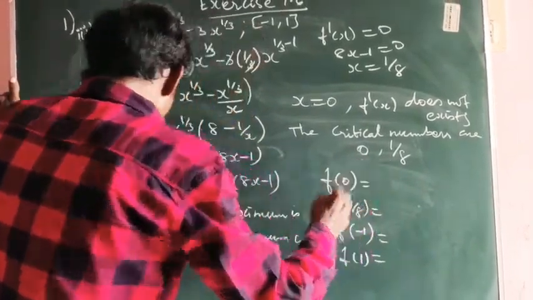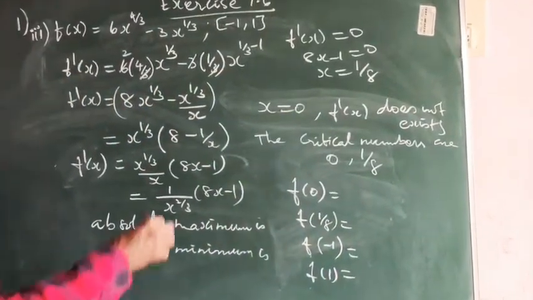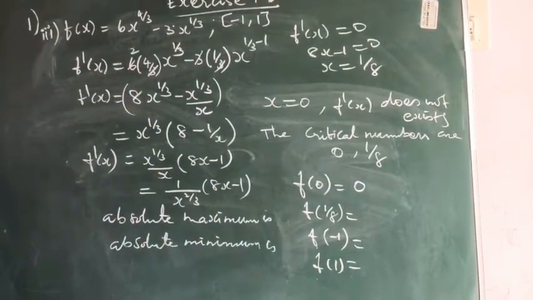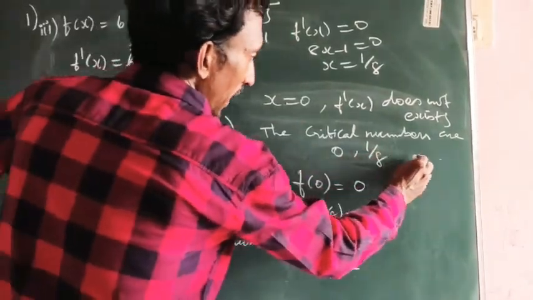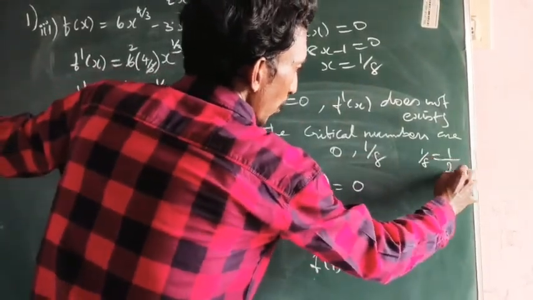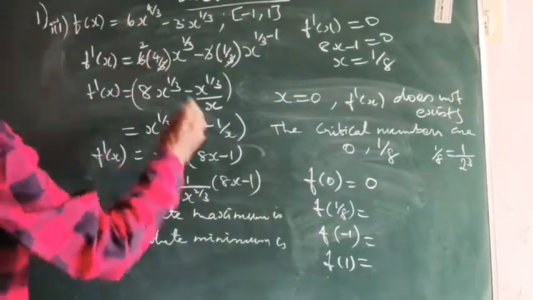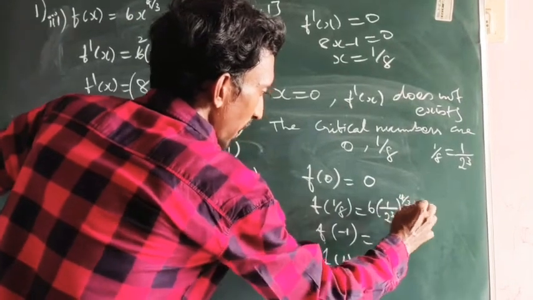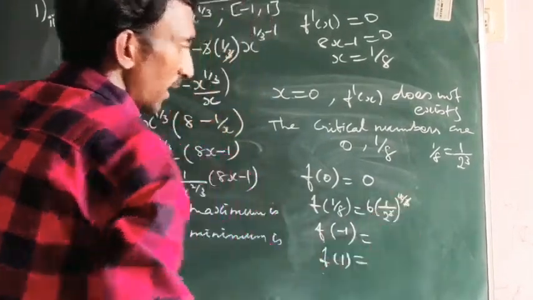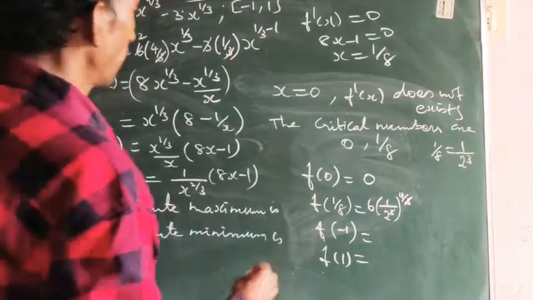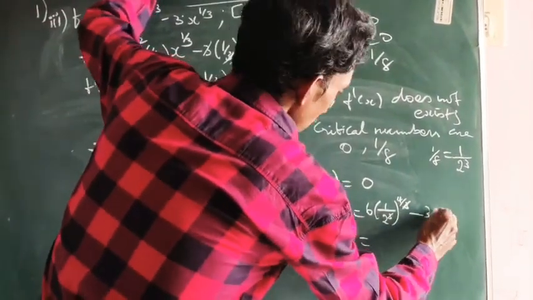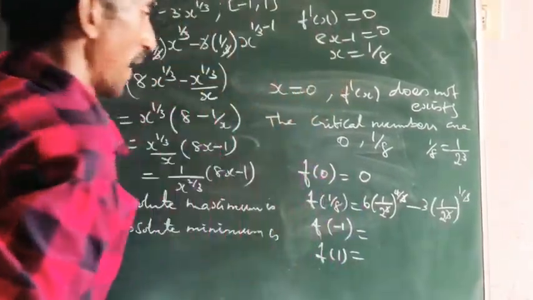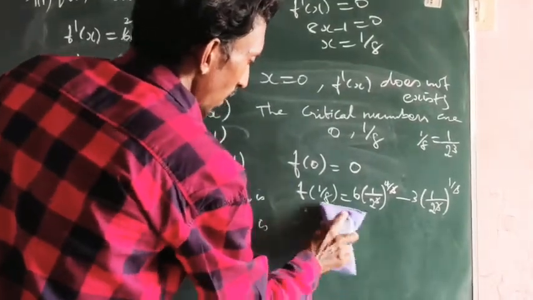If we put x equal to 0, f of 0 is again 0. If we put x equal to 1 by 8, listen, 1 by 8 can be written as 1 by 2 cube. Are you clear? So put it here: 6 into 1 by 2 cube, the whole power 4 by 3, where the 3s cancel, and minus 3 into 1 by 2 cube, the whole power 1 by 3, where the 3s cancel.